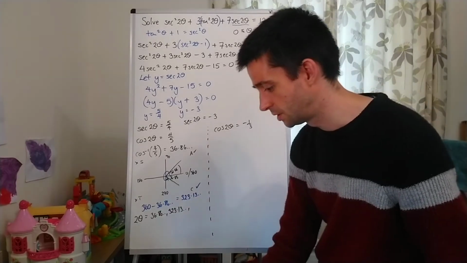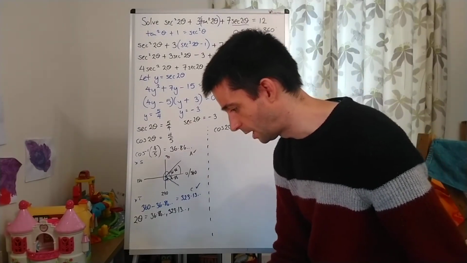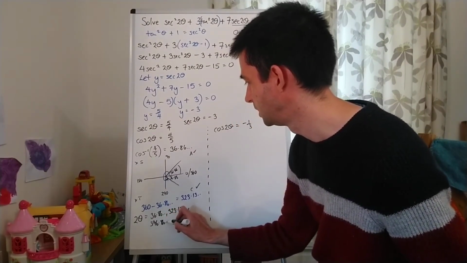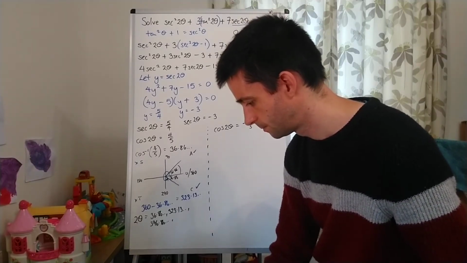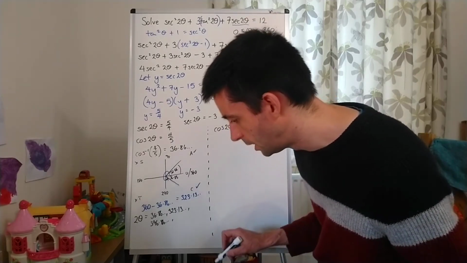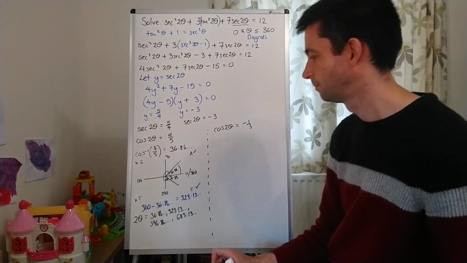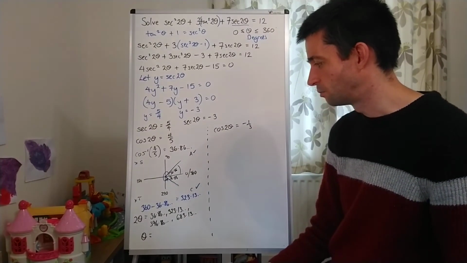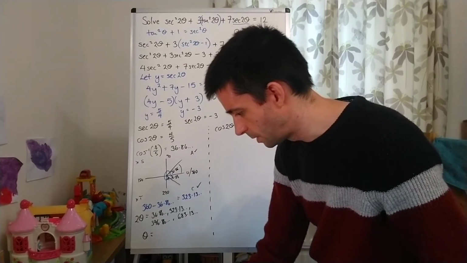And the way to go all the way around the cast diagram again is to add 360 to each of those 2 solutions. So if I add 360 to this one, I'm going to have 396.86, and if I add 360 to the other one, I'm going to get 683.13. So dividing each one by 2 and rounding to 1 decimal place. Let's go all the way back to the beginning.